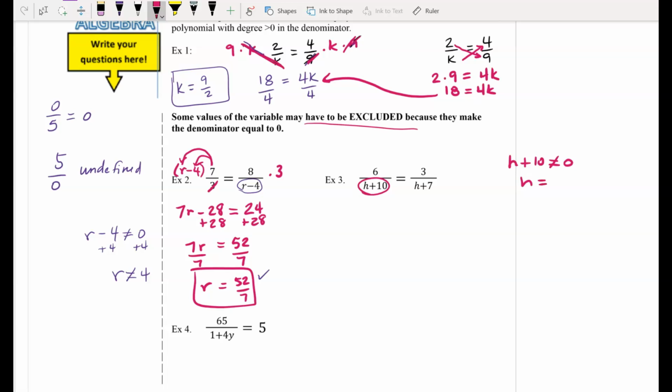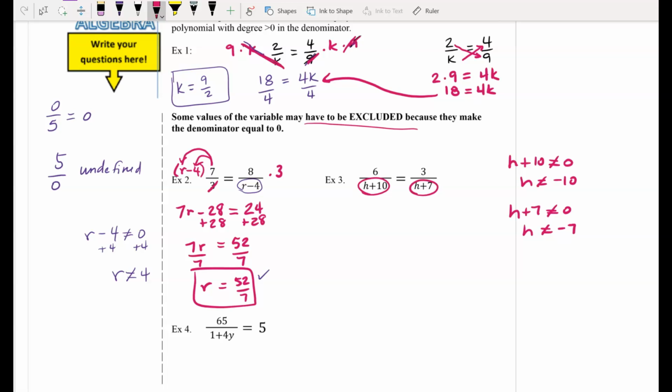Subtract 10 from both sides, h cannot equal negative 10. Let's do the same thing for the other rational expression. h plus 7 cannot equal 0 because it's a denominator. Subtract 7 from both sides, h cannot equal negative 7. So these are our excluded values.